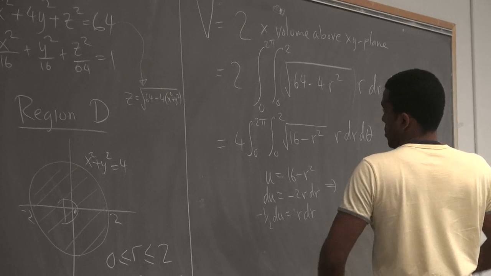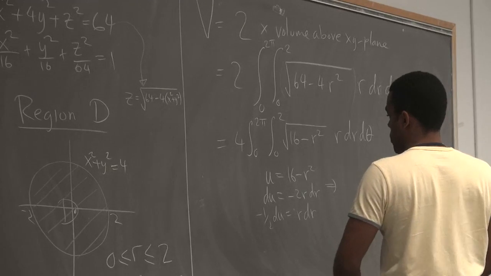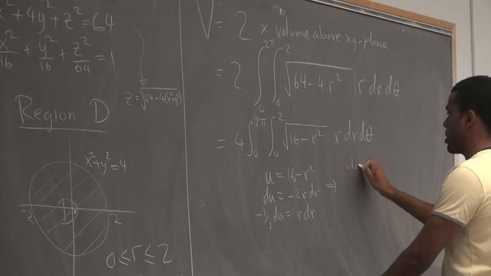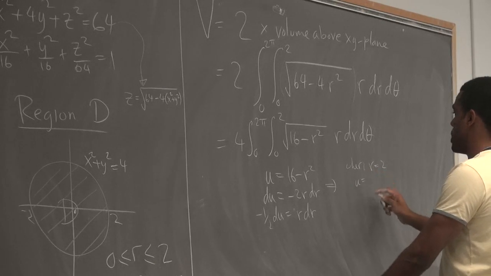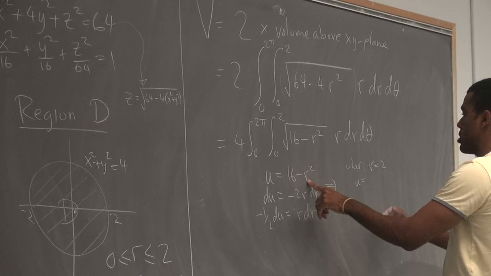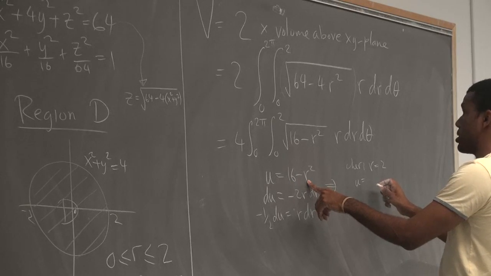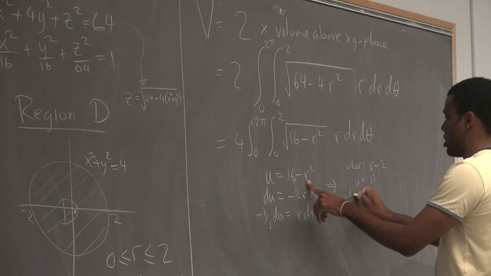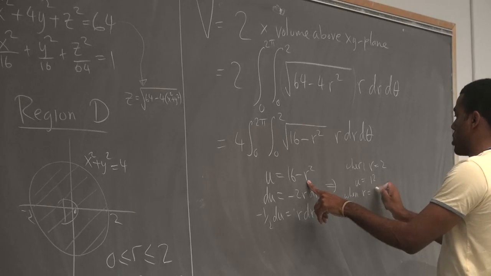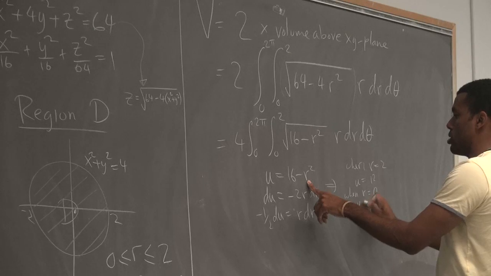And this is optional, but you could change the limits if you wanted. When r equals 2, then u would be 16 minus 2 squared, that's 16 minus 4, which is 12. And when r equals 0, your u would be 16.